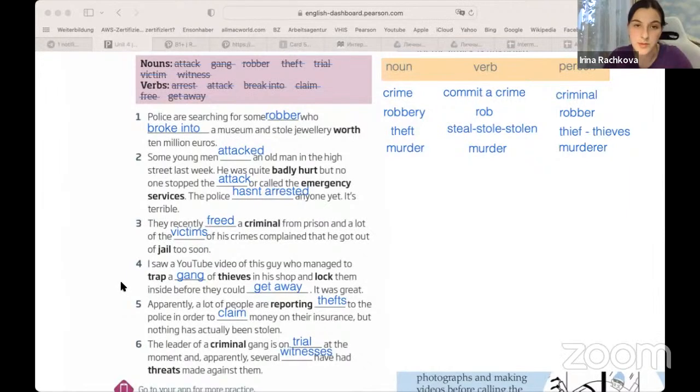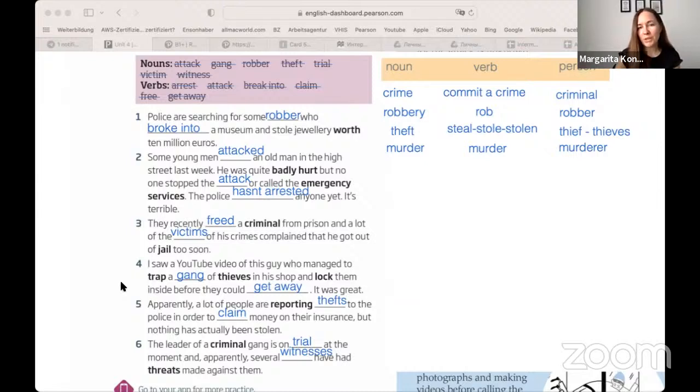Victims. Okay. How do you say свидетели получали угрозы? Witnesses have had threats. Yes, correct. How do you say вломиться в банк, например? Break into a bank. How do you say скорая, полиция, вот эти все? Emergency services. That's right.